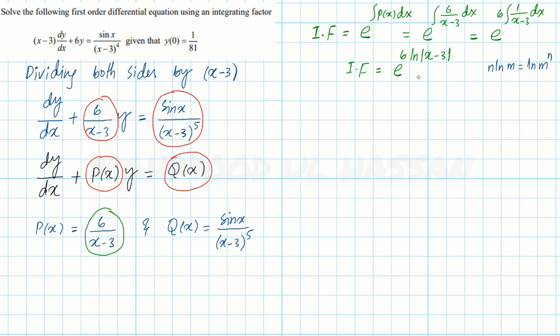So the integrating factor is equal to e raised to the power natural log of x minus 3 to the power 6. Now e and log are inverses, so we get x minus 3 to the power 6. So our integrating factor is x minus 3 to the power 6.